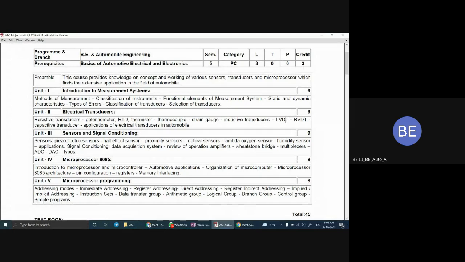Have you ever studied this topic? Anyone? LVDT stands for Linear Variable Differential Transformer. And RVDT is Rotary Variable Differential Transformer.